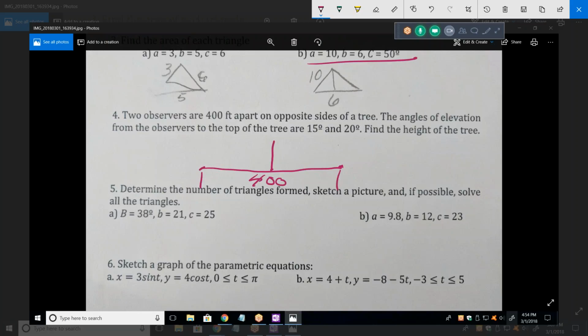The angles of elevation from the observers to the top of the tree are 15 and 20 degrees respectively. That's 15. That's 20. Find the height of the tree.